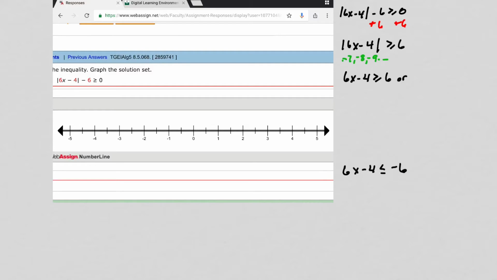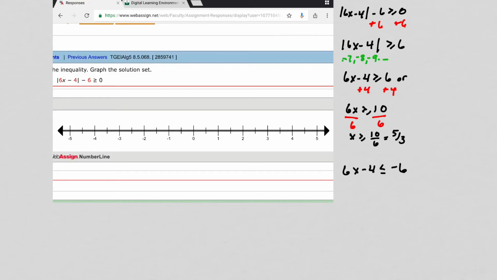Okay, well, let's go ahead and solve these two inequalities then. So we'll go ahead and add 4 to both sides. And then we'll divide out the 6. So we have x greater than or equal to 10/6, which is the same as 5/3.